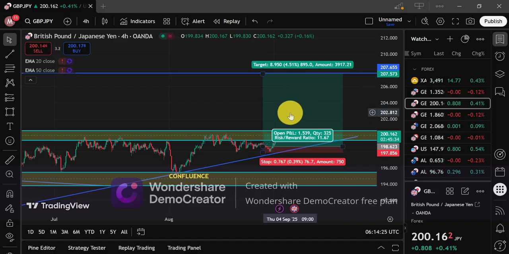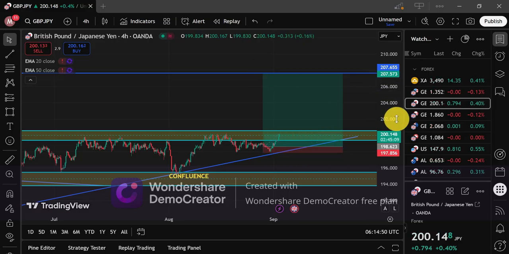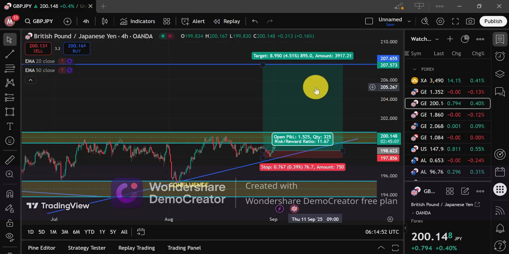This trade is targeted for about 1 to 11. We're risking about 0.3%. So let's say we're risking about 76 pips and targeting 800 plus pips. So that's it, and hopefully we run all the way through.